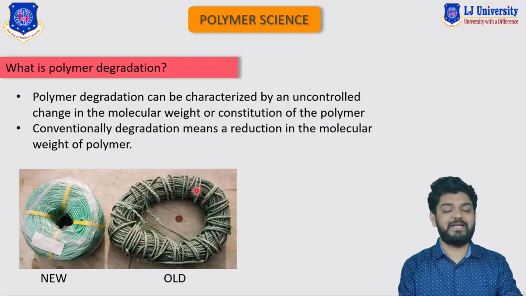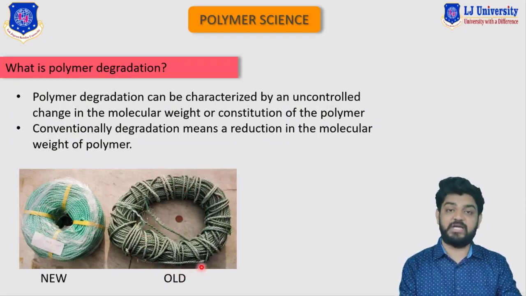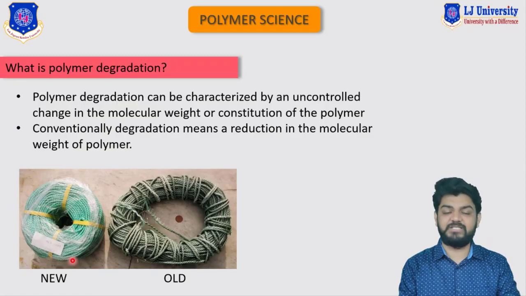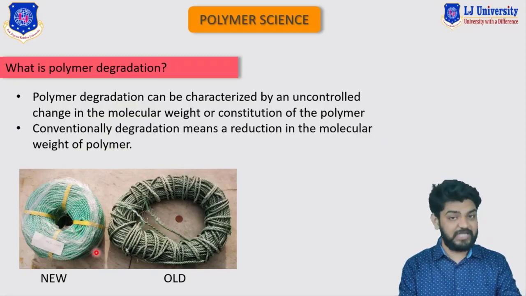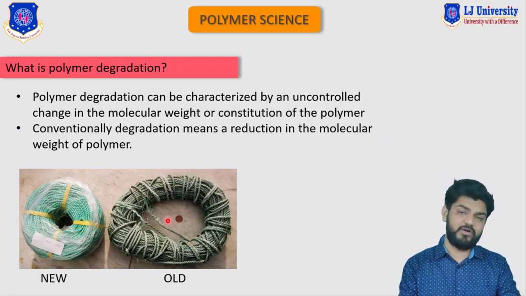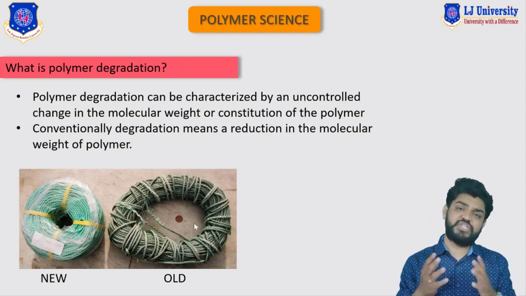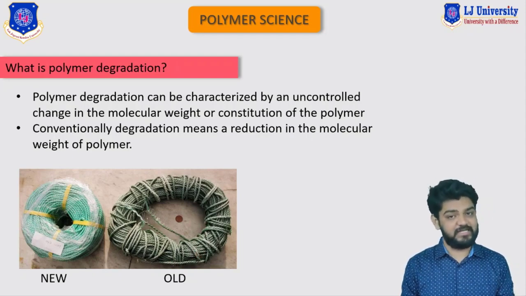You can see that it has clearly lost its color. Even its shape has changed. You can compare that the newly purchased rope has a specific shape, but this old rope has lost its shape completely. Even its strength is reduced drastically.